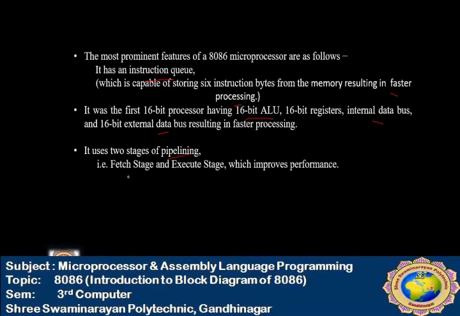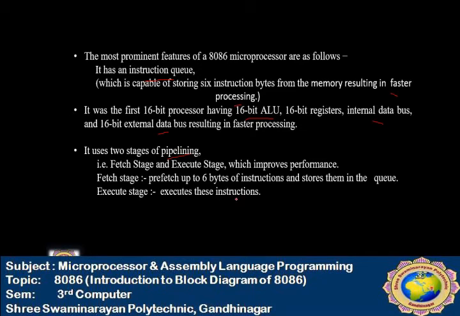In pipelining we have a fetch stage and an execute stage, which improve performance and will be discussed later. Fetch stage means prefetching 6 bytes of instruction and storing them in the queue. We will also discuss in detail fetching, decoding and executing, the 3 main processes of a microprocessor. Execute means executing the instruction fetched by the processor.